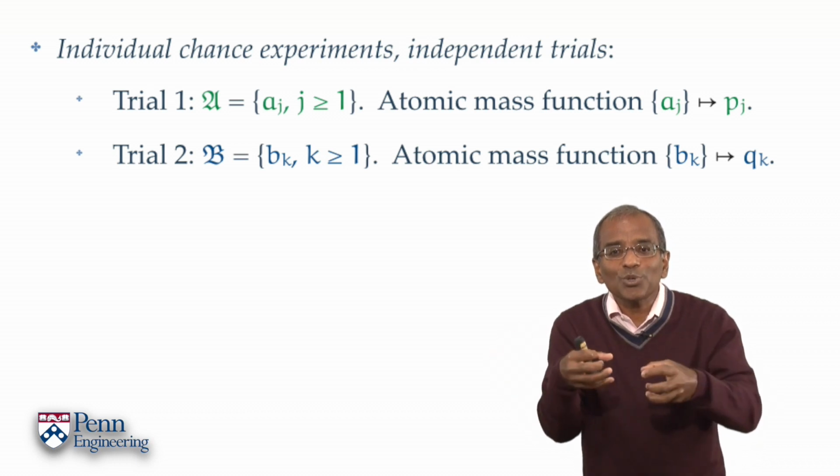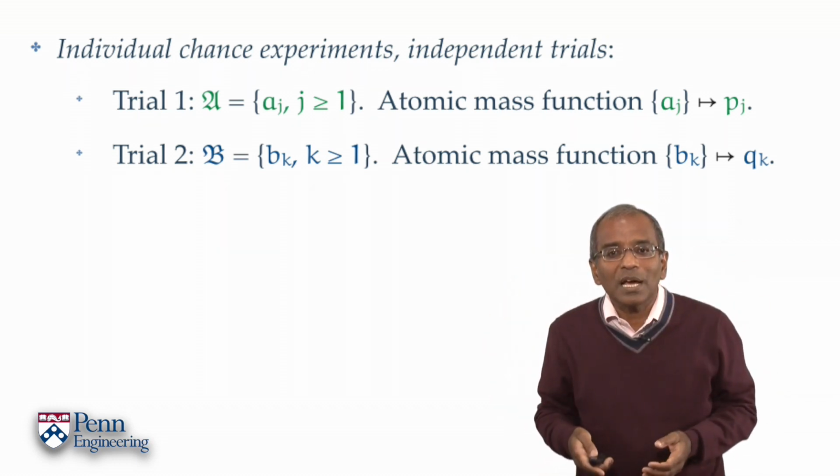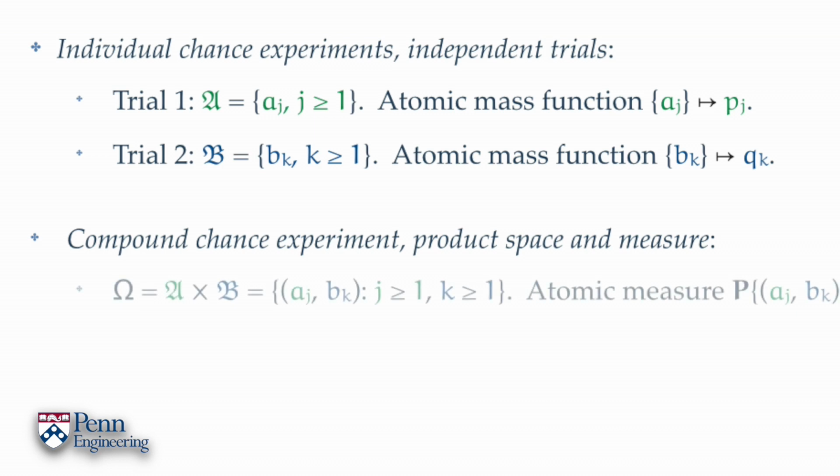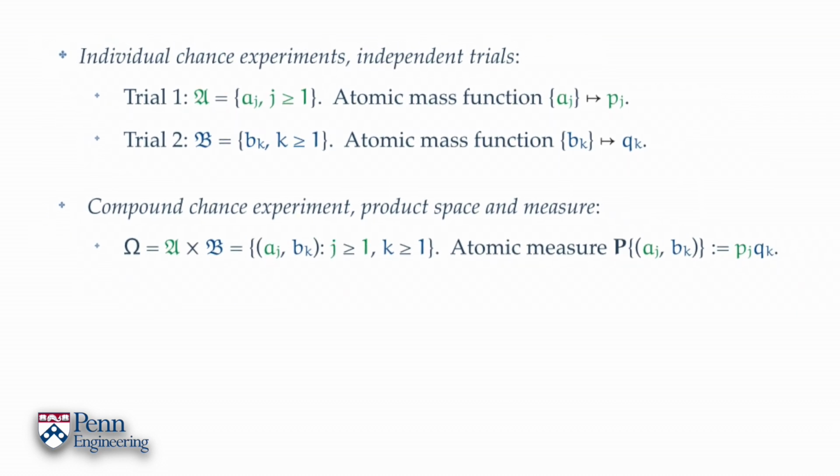Now we're going to stitch these two together to form a compound experiment. We shall call the resulting sample space a product space for natural reasons, and the resulting probability measure a product measure. The sample space, omega, is now the Cartesian product of Gothic A with Gothic B. What does this mean?